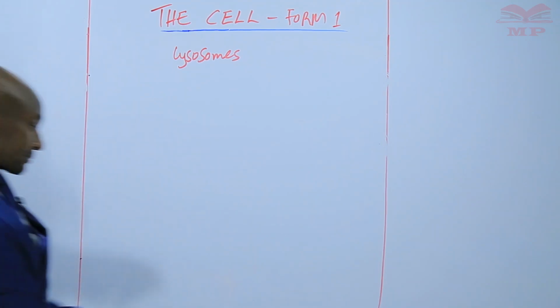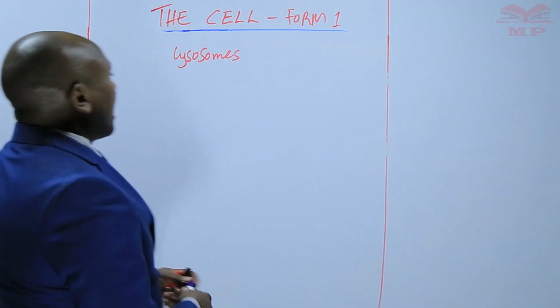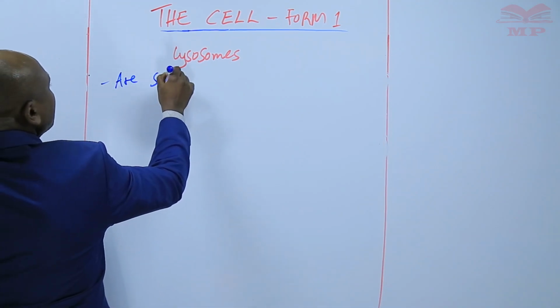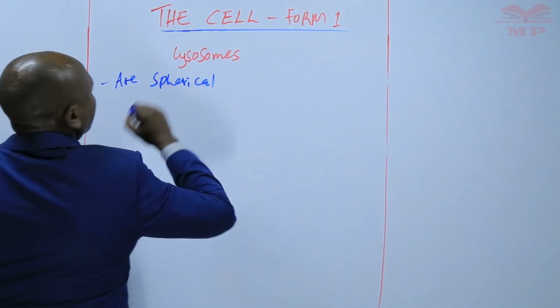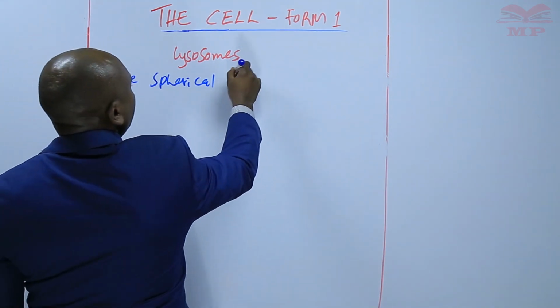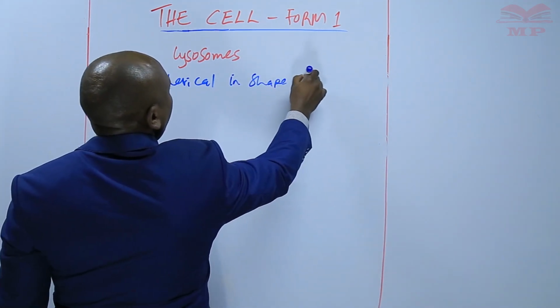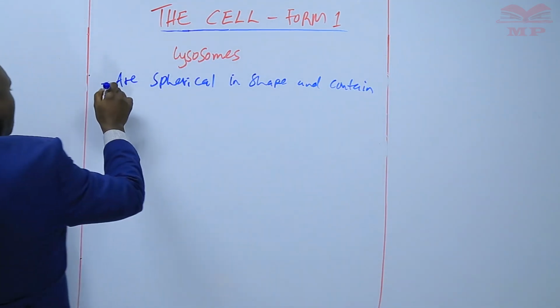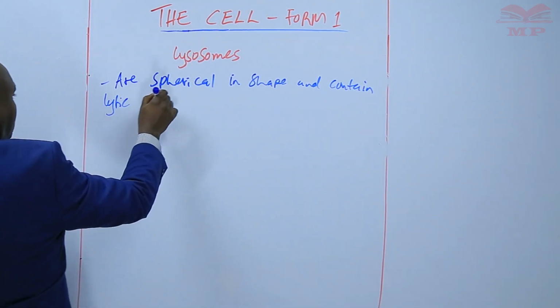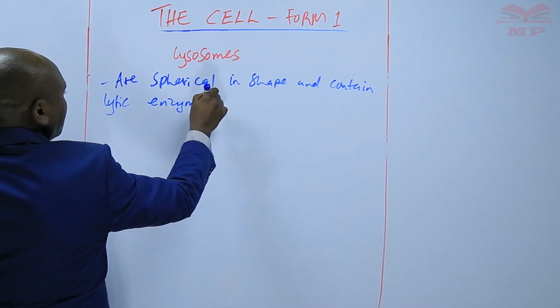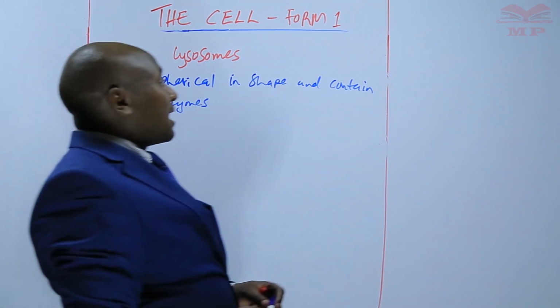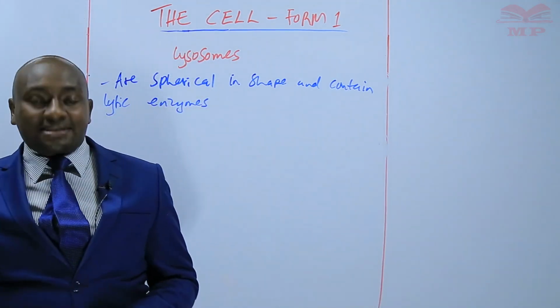Lysosomes are spherical in shape and contain lytic enzymes. Lytic enzymes are enzymes that are responsible for lysis.